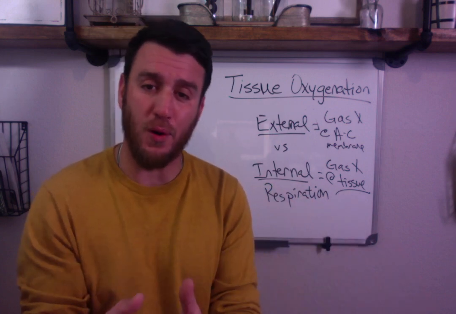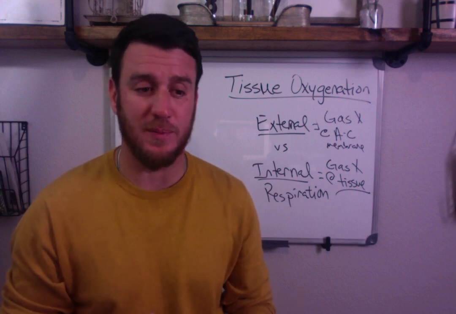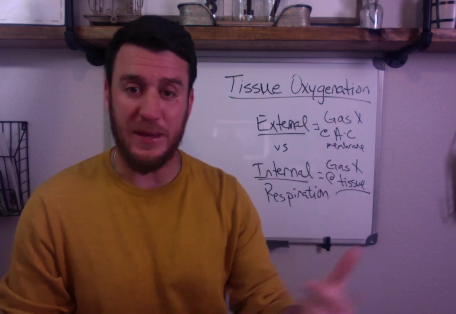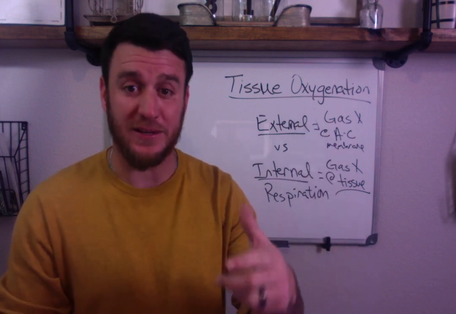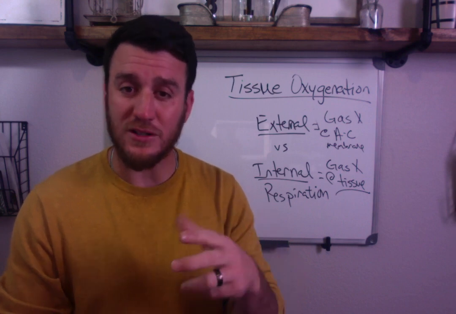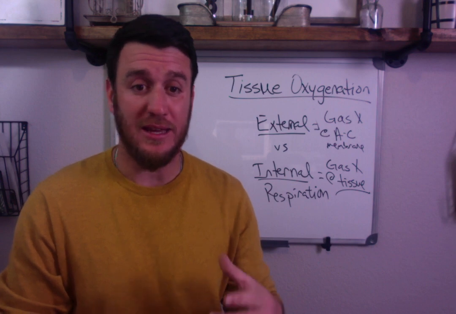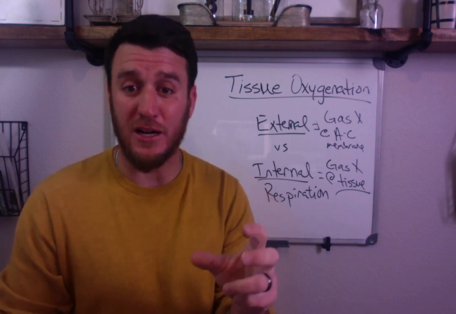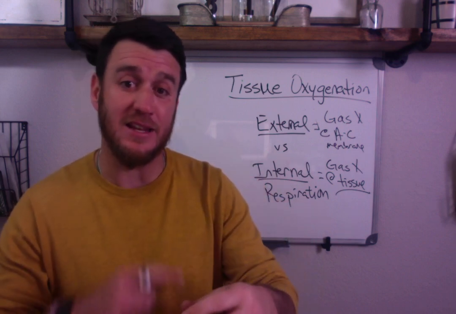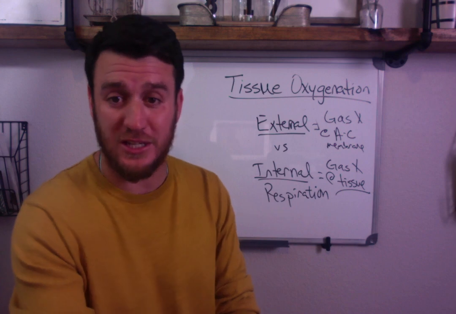Now, this is important because when we think of what we do as respiratory therapists, a lot of times we get caught up in pH and PaO2, specifically P little a O2. But what our jobs really are as respiratory therapists is to make sure that the lungs are providing what's needed for the blood, and then the heart is making sure that that oxygen is getting out to the tissues.